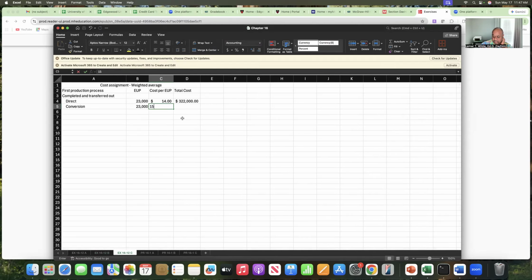So I'm going to put 15.40 here. And then I'm going to multiply those two numbers. And I should get 354,200. And that gives me my total completed and transferred out. So I'm going to add these two numbers together. And that gives me my total.